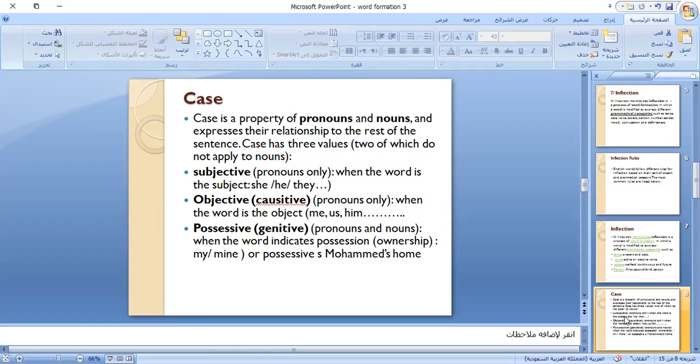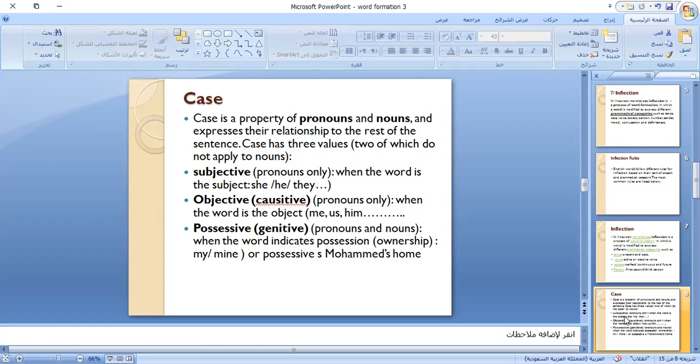When I say a child is eating, a child is the subject. And I help a child, a child is the object. It is a child in both cases, no change. But for pronouns, we have a new word. I say he is a doctor, I help him. Him is the object, he is the subject.